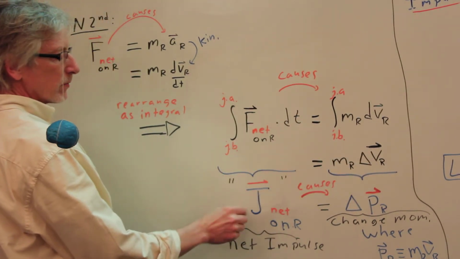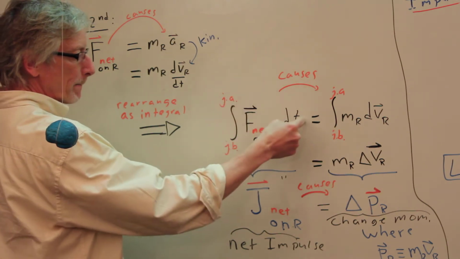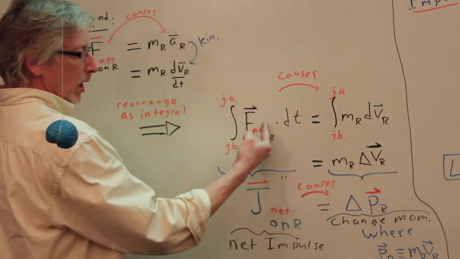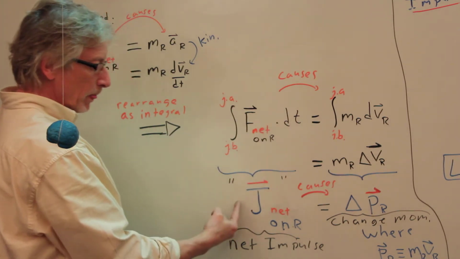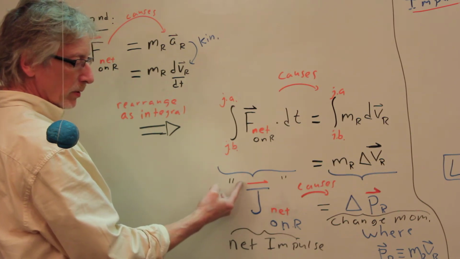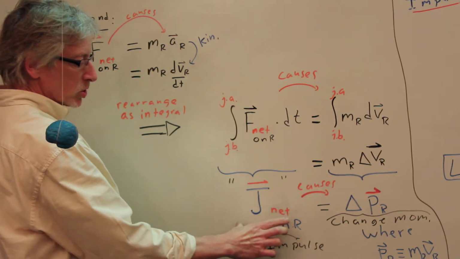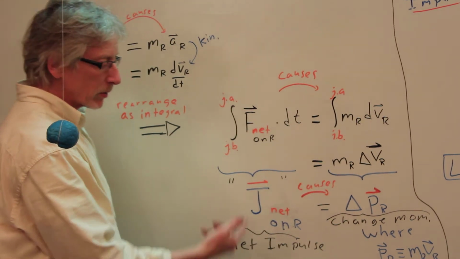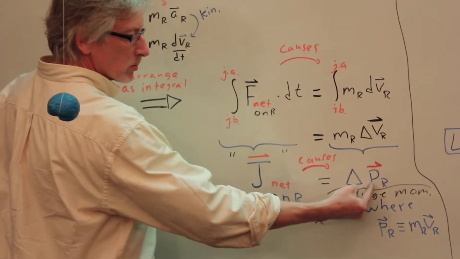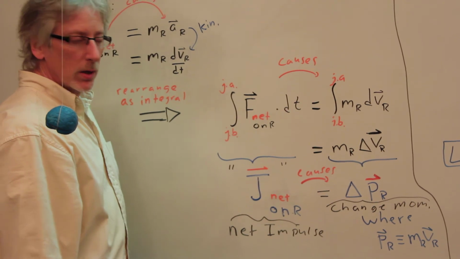So what do I have? I've got this thing causes this. I'm going to rename it the net impulse on r vector, net impulse, J or capital I vector, causes the change in momentum of r.